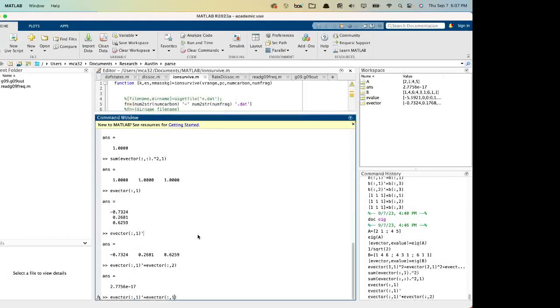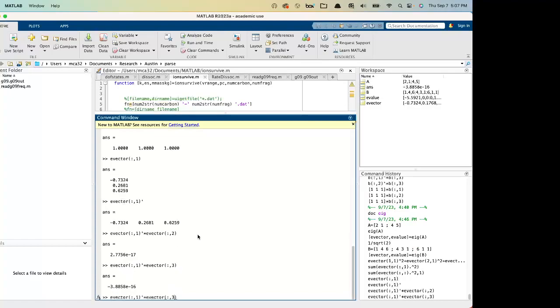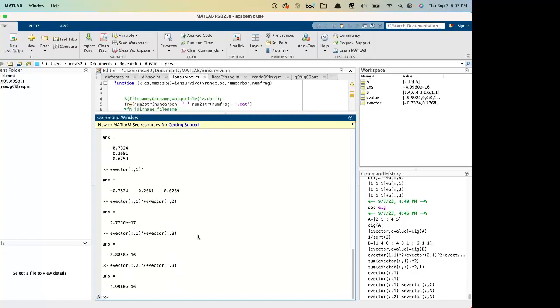So finally, I have a way of looking at normal, dotted with itself, and orthogonal, dotted not with itself. Let's check 1 against 3, 10 to the minus 16, and let's check 2 against 3, also 10 to the minus 16. So we have generated 3 normalized orthogonal eigenvectors.